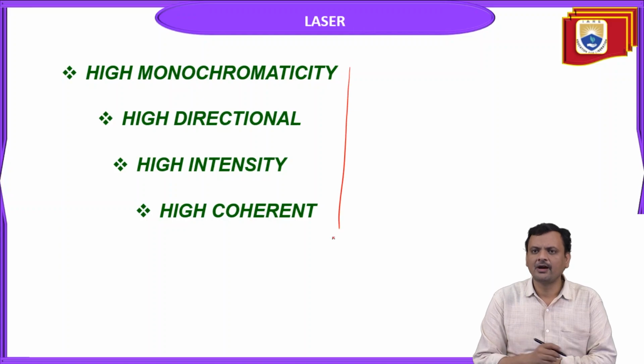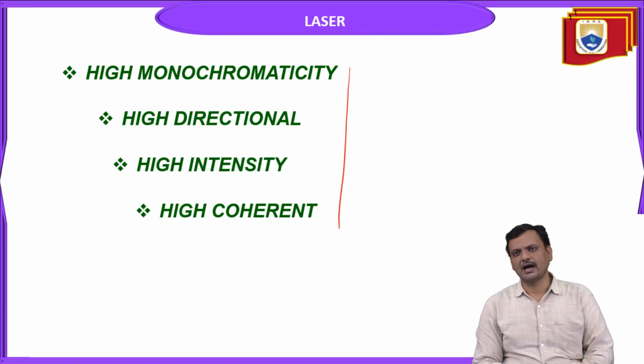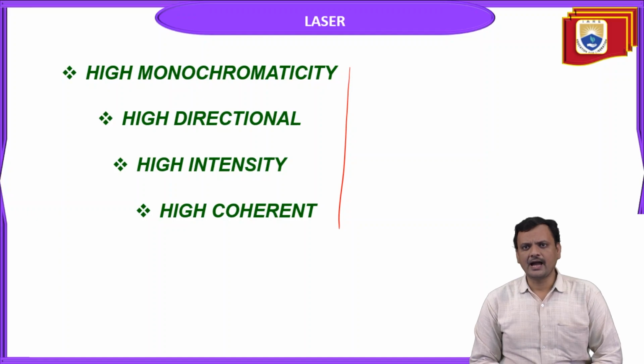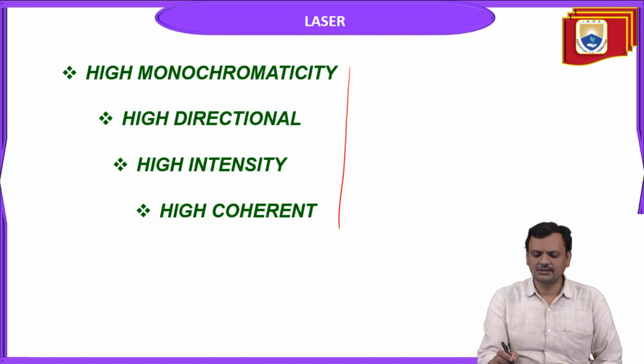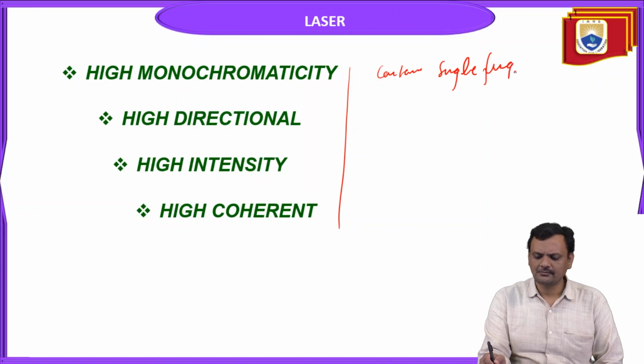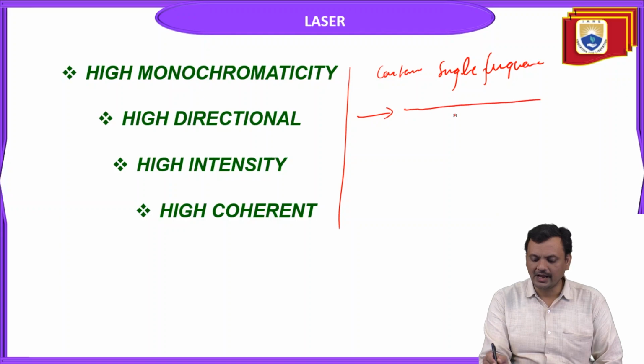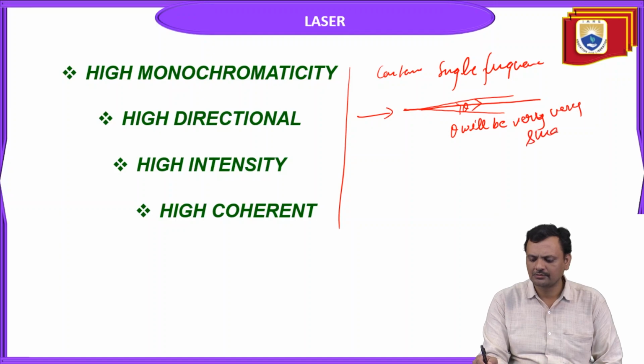These are characteristic features of laser: highly monochromatic, highly directional, high intensity, and highly coherent. Monochromaticity means it contains a single frequency. Highly directional means if the laser light is emitted, it will propagate in a unique direction, and its angular spread theta will be very, very small.